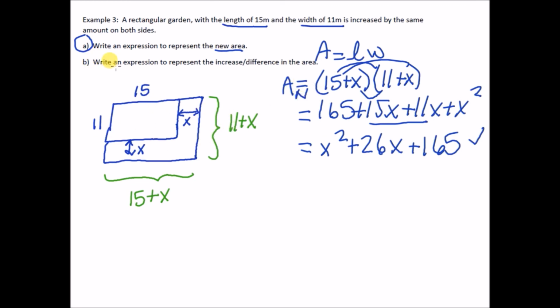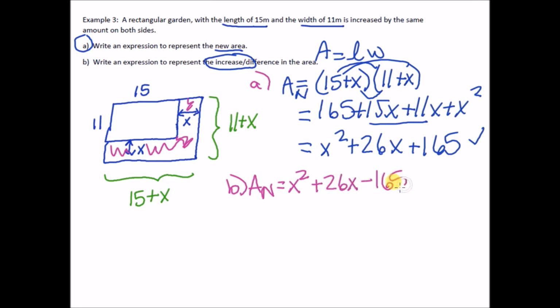And now it wants us to write an expression for the area of the increase, or like the difference in the area. So now we're only writing an expression for this purple section. So what we're going to do is take the area of the entire thing, right? The area of the new, which we found to be x squared plus 26x plus 165.